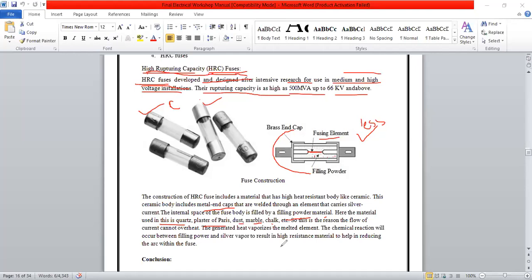Now, the generated heat vaporizes the metal element.